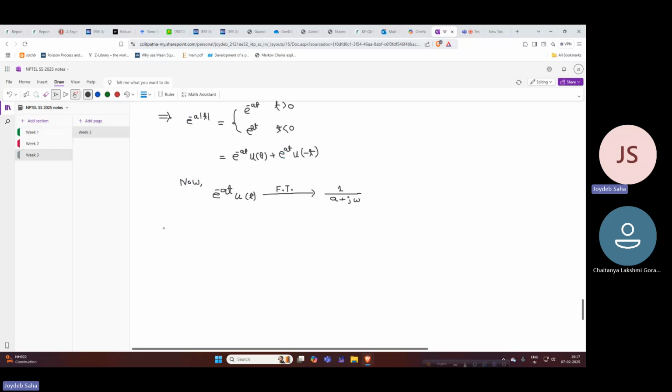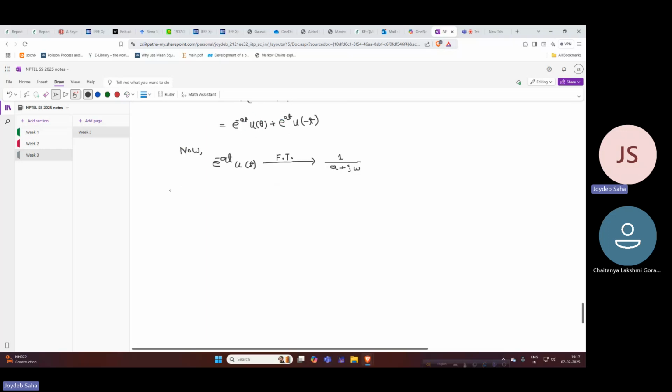Okay, so applying the time reversal property, we can write e to the power at u of minus t, this is plus, right?